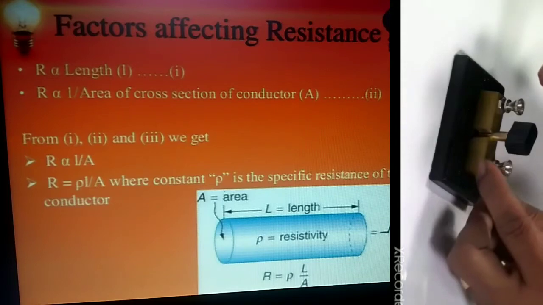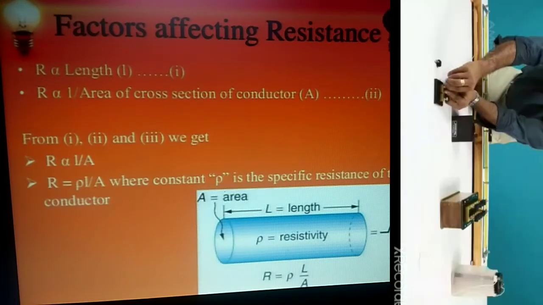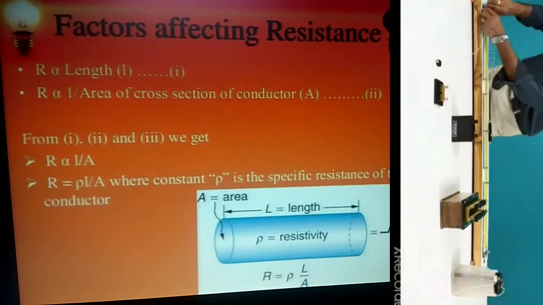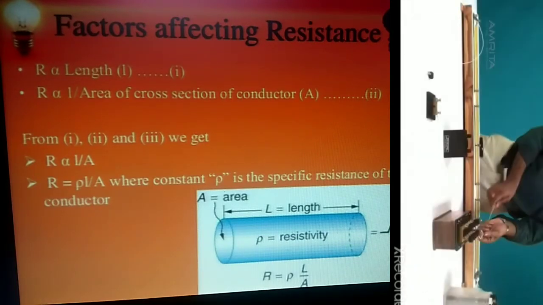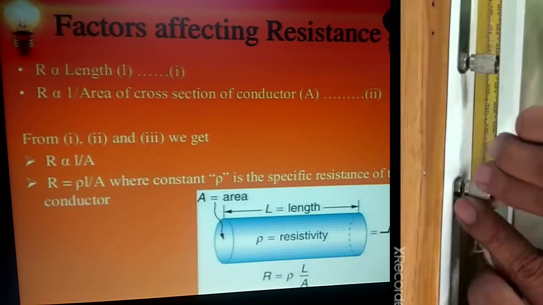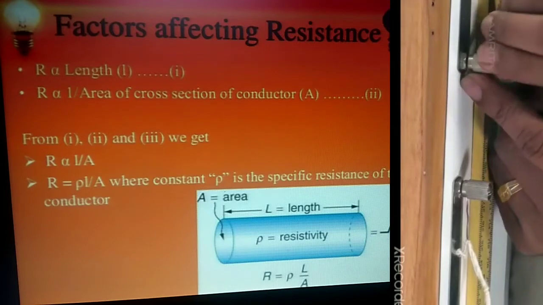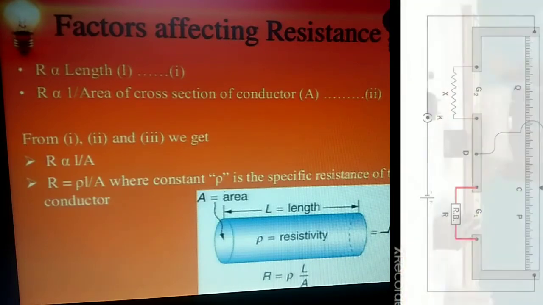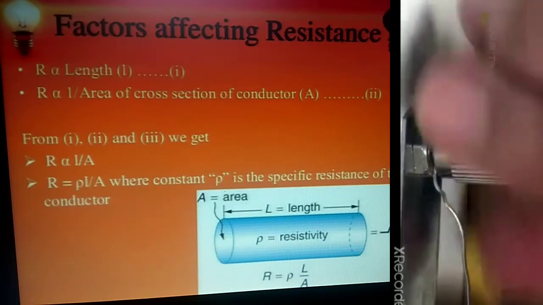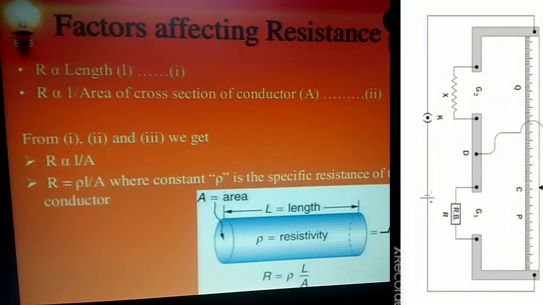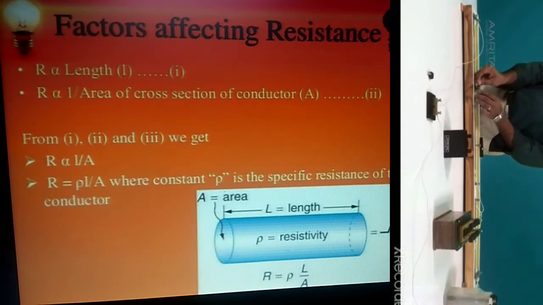Resistance is directly proportional to the length. That means if the length of the conductor increases, the resistance also increases. And resistance is inversely proportional to the cross section area of the conductor. That is, if the area of cross section of the conductor is increasing, resistance will decrease. That means if the thickness of wire is increasing, then the resistance decreases.